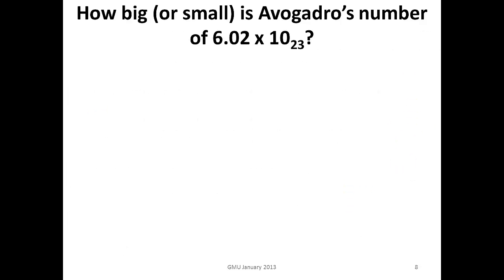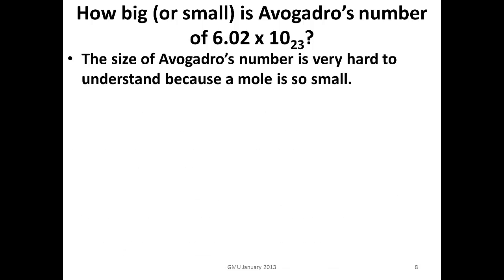Now, how big or small is Avogadro's number, 6.02 times 10 to the 23rd? The size of Avogadro's number is very hard to understand because a mole is so small.